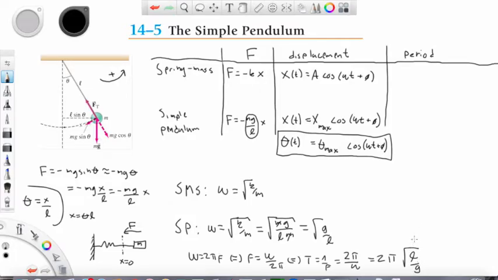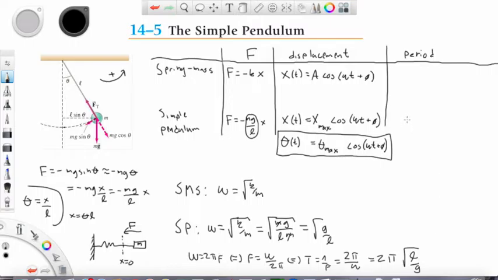So this is the period for a simple pendulum. And it's an interesting result in the sense that it doesn't depend on the mass of the bob. So you can have this string, whatever length, as long as it's the same for both objects, and you can hang a golf ball or a wrecking ball, and the period would be exactly the same in both cases.